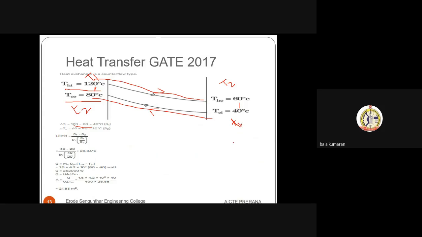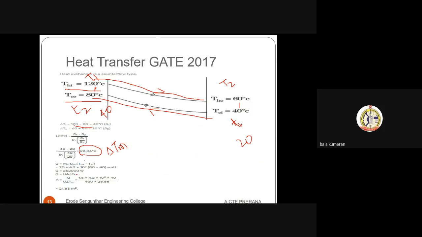If you apply this, here it will be 20 and here it will be 40. Directly apply the values: 40 minus 20 divided by ln of 40 by 20. The value is 28 degrees Celsius, which is del Tm.